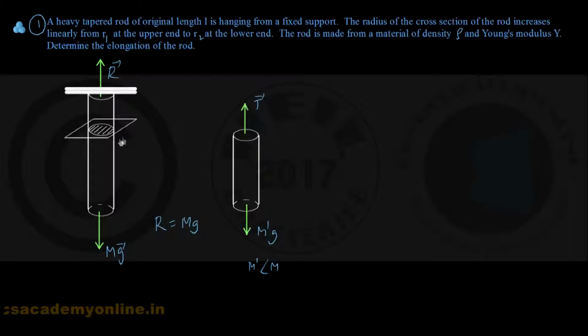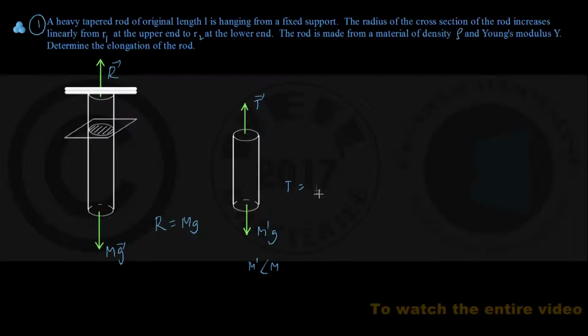So this lower part of the rod is in equilibrium under this force of gravity m' g acting downwards and this force of tension T acting upwards. So I can write down that the tensile force at this section, this T, is equal to m' g.